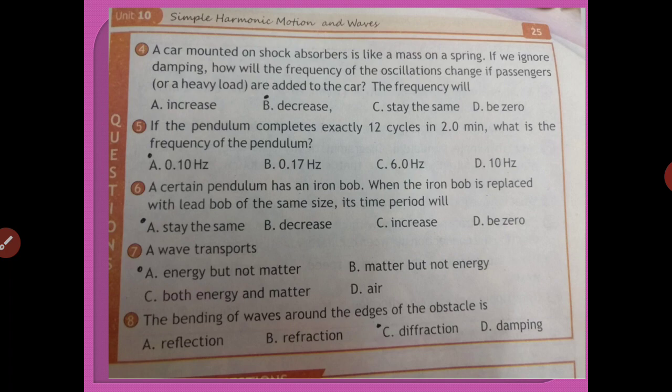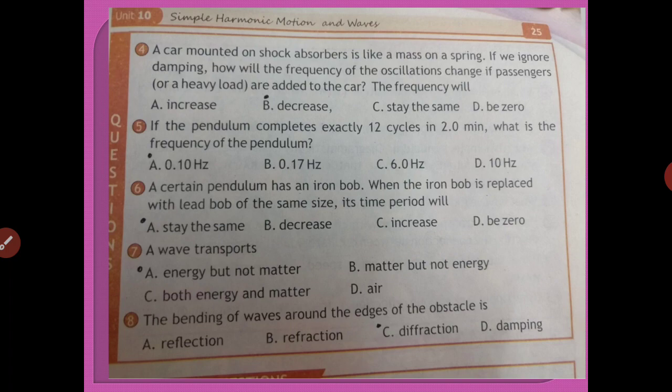They are considering it as a mass-spring system. In a mass-spring system, you know the formula of frequency is 1/2π√(k/m). So in this, the mass is inversely proportional to frequency. It means if we increase the mass, the frequency will decrease, and if we decrease the mass, the frequency will increase. In this numerical they are asking to increase the mass. So when we are increasing the mass, or replacing it with a heavy load, the frequency will decrease. So the correct answer is decrease, option B.